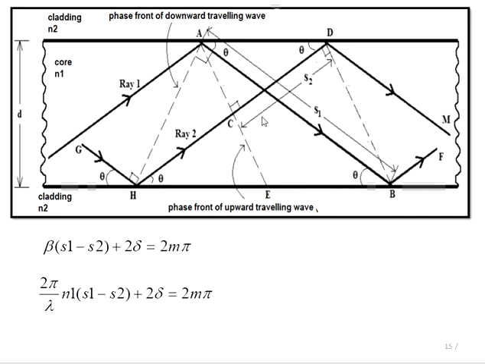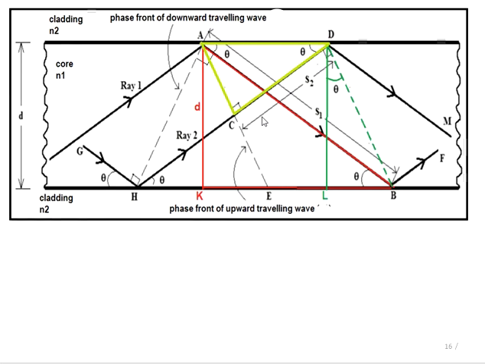We need to find the condition on angle theta. So let's define s1 by considering the triangle AKB. Remember, the diameter is nothing but the height of this triangle, that is d. So I can consider the red triangle AKB. We will get the distance s1 as d by sin theta.